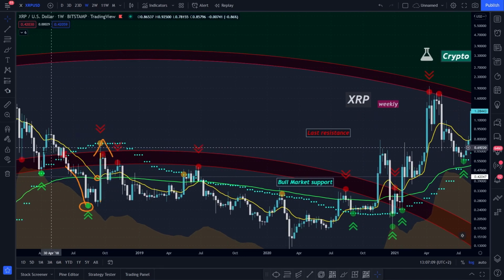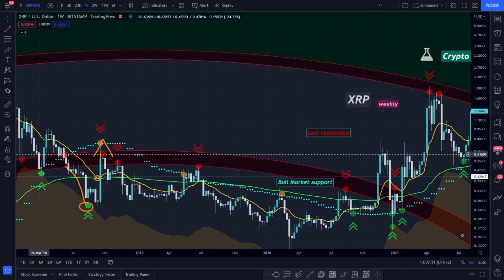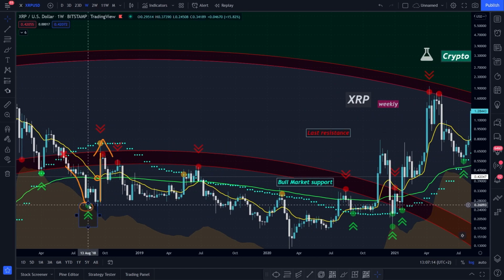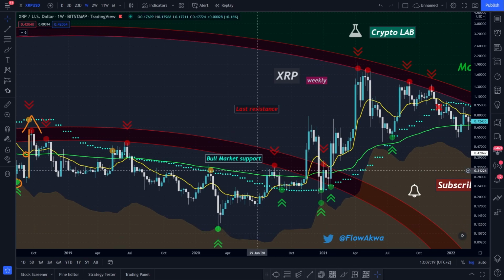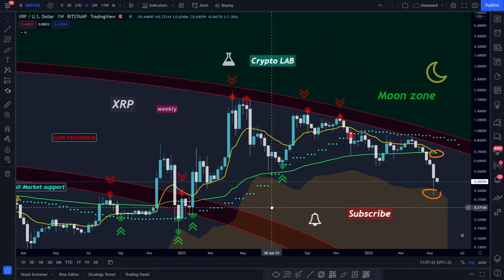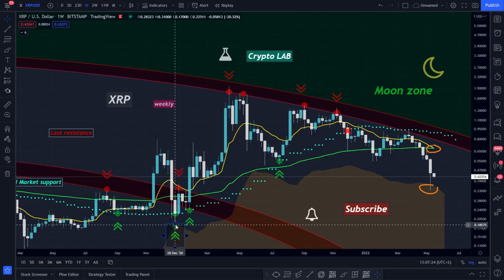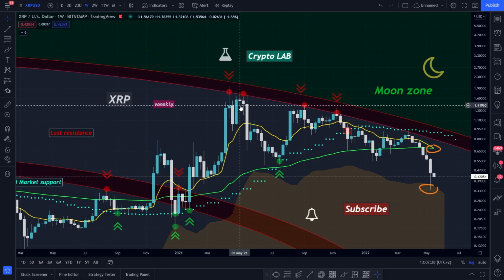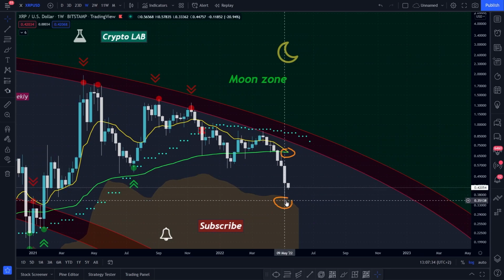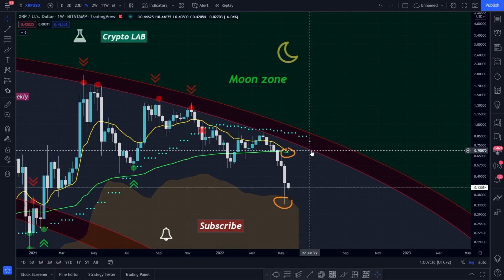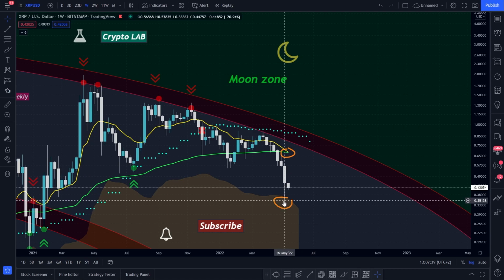Because look, here we touched it only once before going back up. Here we tested it only once before the moonshot. Here we tested it only once before going up, and it was the same thing every time. Here again, we tested it one time, we went up, okay? And right now, as you can see, we tested it one time. So it would make sense to go up after testing the mountain indicator.